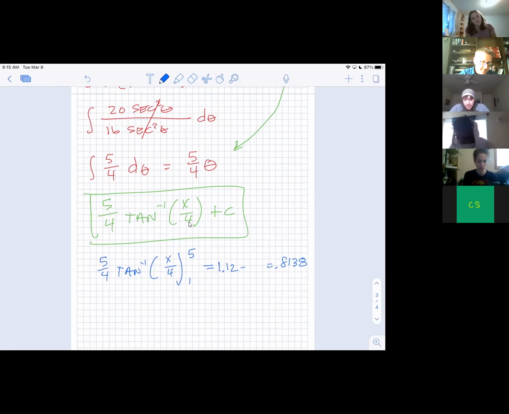I got 0.32. 1.12 minus 0.32, 0.8. Cool. Yeah, worked. Should have probably carried those out to more decimal places.